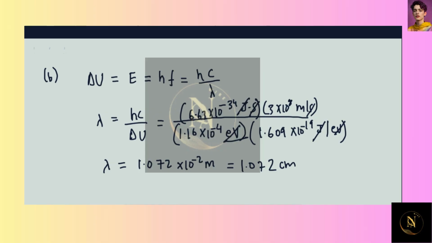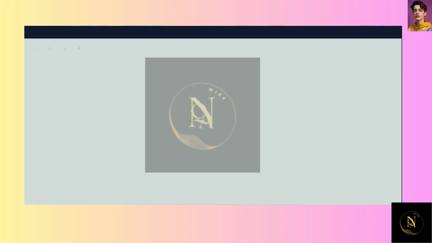Now in the third part, part C, the question is how would the answer differ if the atoms were hydrogen atoms? The atomic configuration for hydrogen is 1s1.